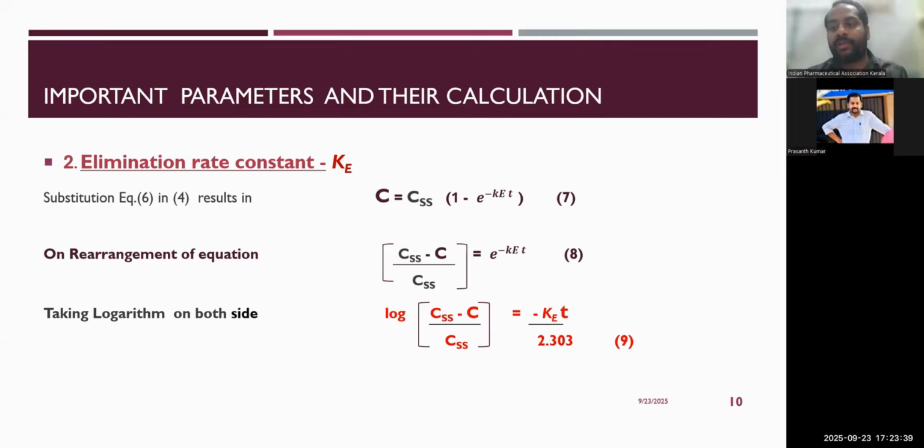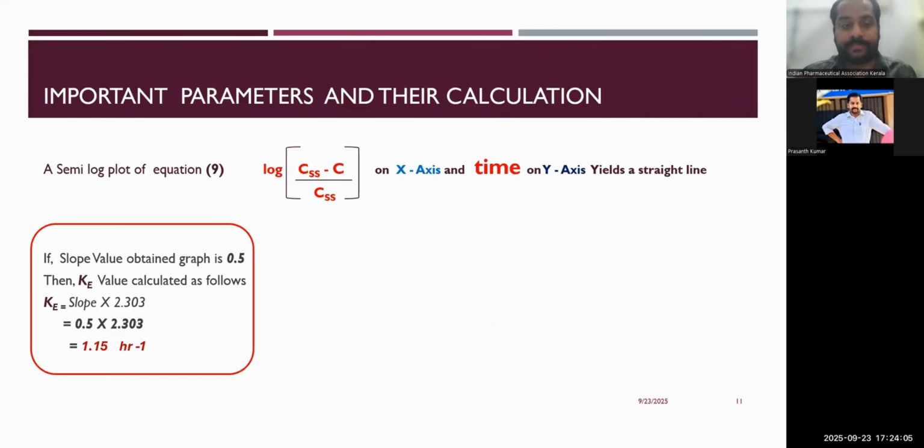Now taking logarithm on both sides, as we all know, log of CSS minus C by CSS taken together will be equal to minus KET by 2.303. Since e raised to minus KET, log e is 1, hence we have that term minus KET by 2.303.